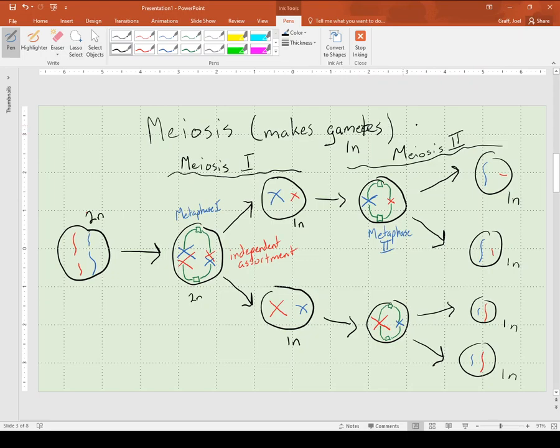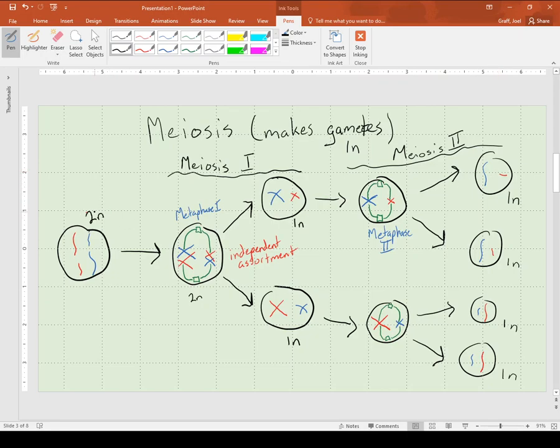Again, this is going to make gametes, and let's say that this was a sperm cell. Well, an egg cell would also have an N of 1, and if you fuse those two cells together, the sperm and the egg, you'd be back to having an N of 2.